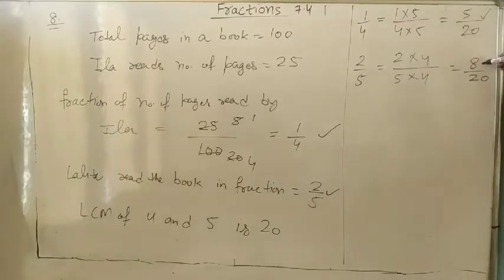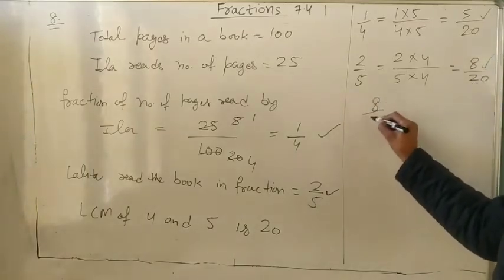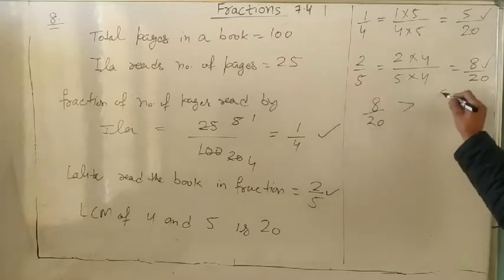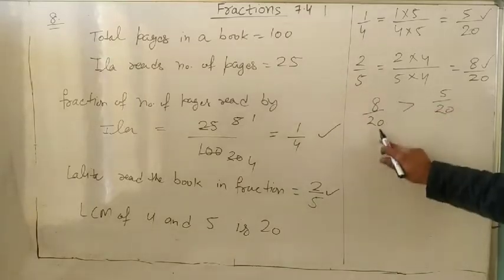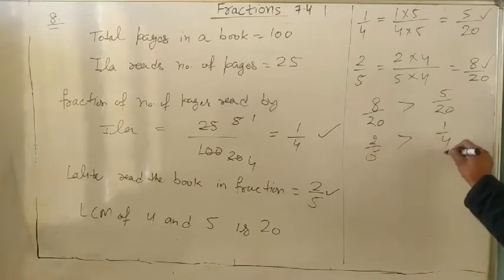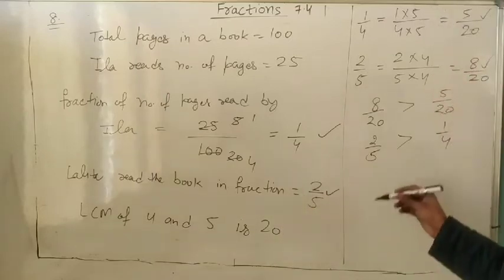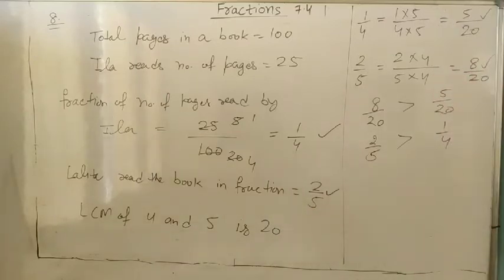So tell me which one is greater? 8 upon 20 is greater than 5 upon 20. And 8 upon 20 means 2 upon 5 is greater than 1 upon 4. So it means 2 by 5 is read by Lalita.